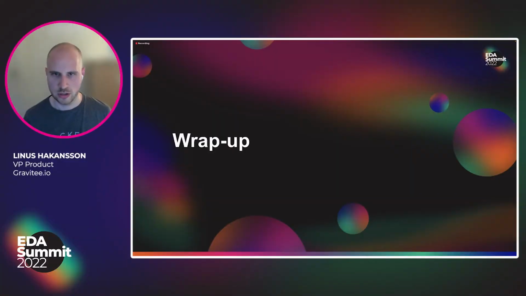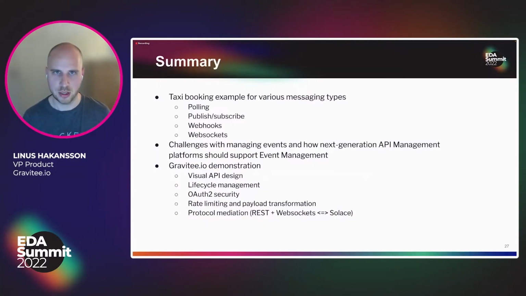So that's a demonstration. To wrap up, I want to just summarize what we've been covering. We've covered different ways of looking at a taxi booking example for different subscriptions and consumptions, both with polling, with a publish subscribe model, with webhooks, and with WebSockets. We've aired some of the challenges that arise with managing events and how a next generation API management platform could and should be able to support those event challenges.